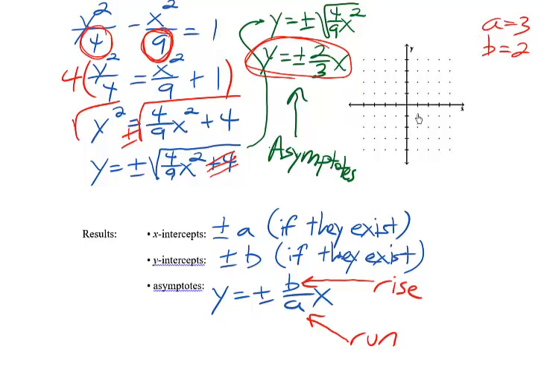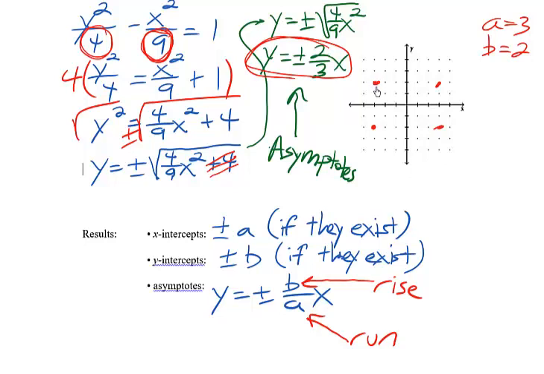All I do is I start at 0, 0, and in all 4 directions I go vertically 2 and horizontally 3. So that means up 2 and right 3, up 2 and left 3, down 2 and right 3, down 2 and left 3. If you just then connect those dots diagonally, you've got your asymptotes. That's all it is. It works every time.